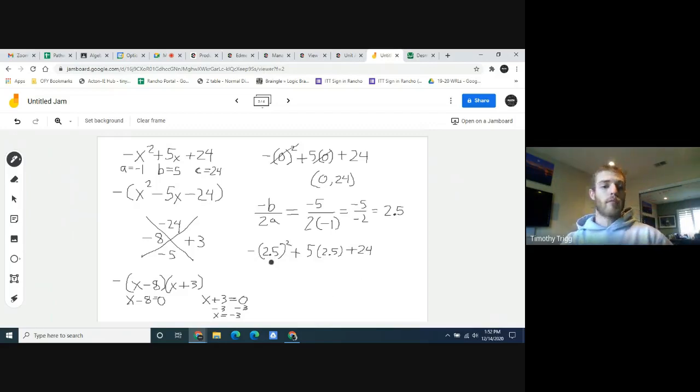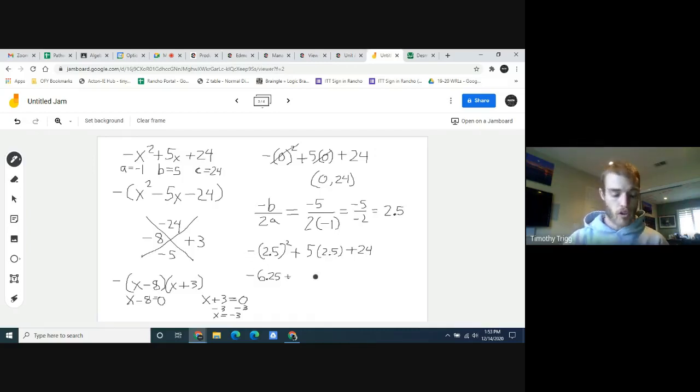Okay, so now just use a calculator, and we're going to calculate what this is. 2.5 squared is 6.25, and this negative makes it -6.25. Remember, the negative does not get squared here, so whatever answer stays negative.